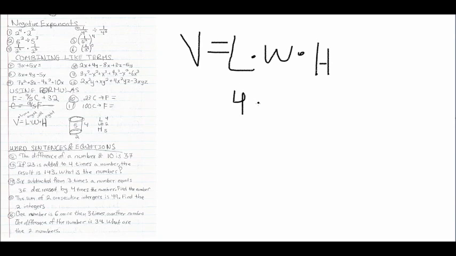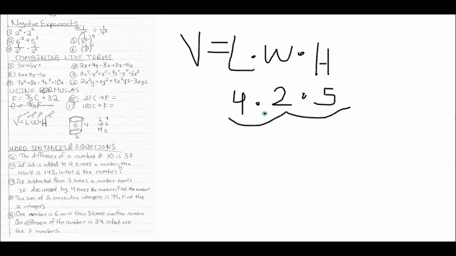Now, volume. Volume is easy. The formula given is V equals length times width times height. And I drew a picture of a container there to help you visualize it.